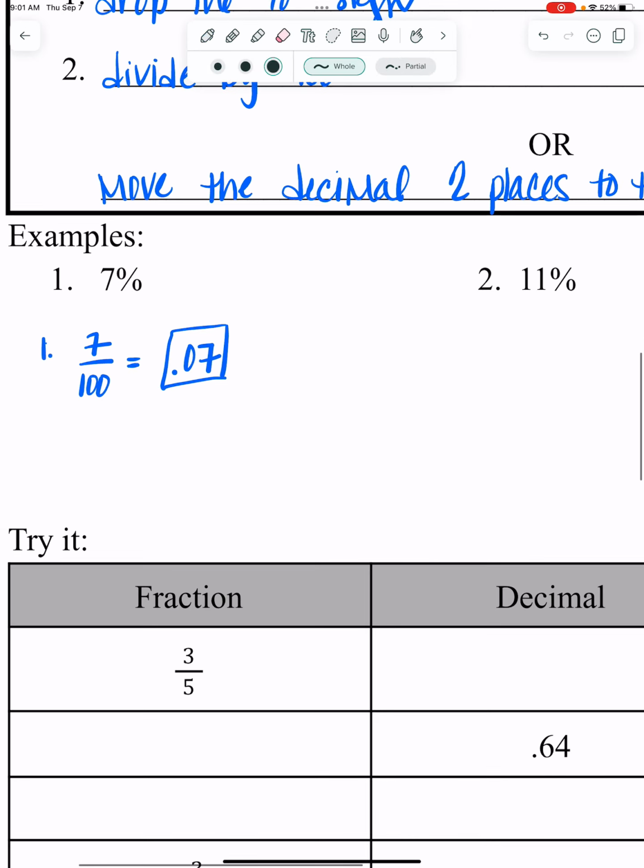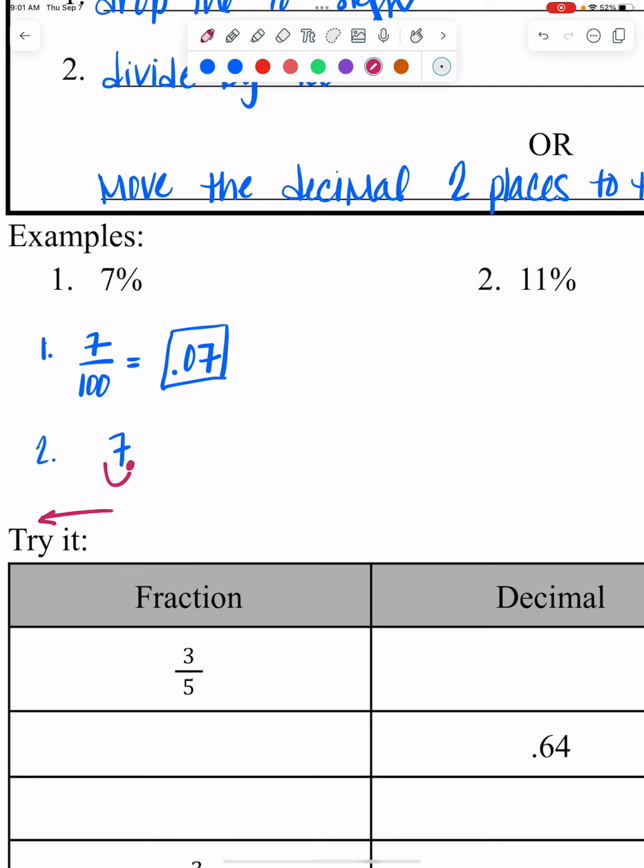Your other option is if you want to just move the decimal. If we start with 7%, we're going to take off the percent just like normal, but realize the decimal right now is sitting behind the 7. If we want to move it 2 places to the left, that's this way.